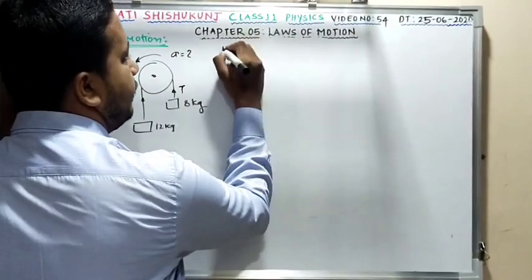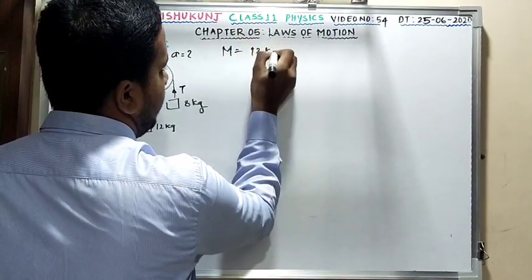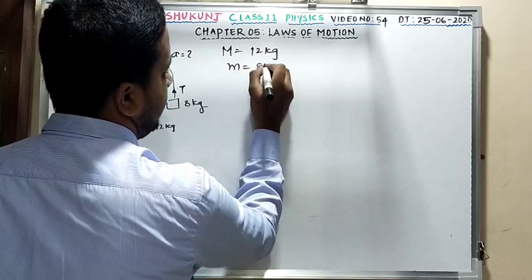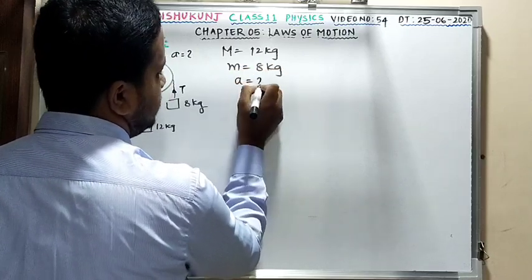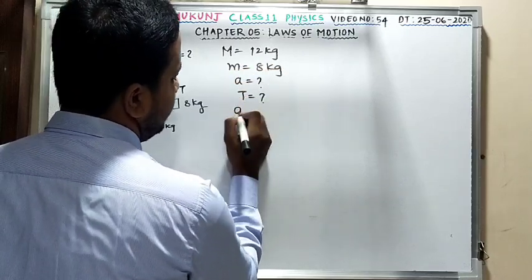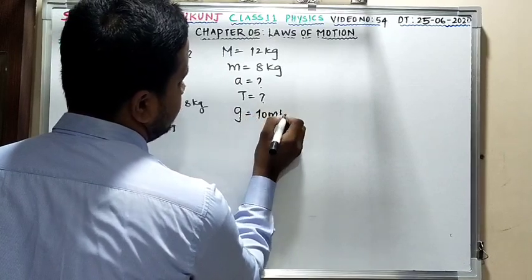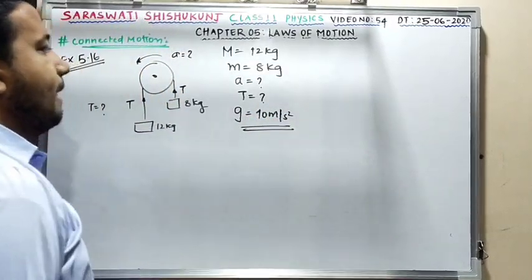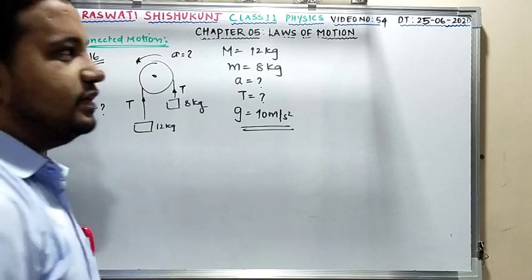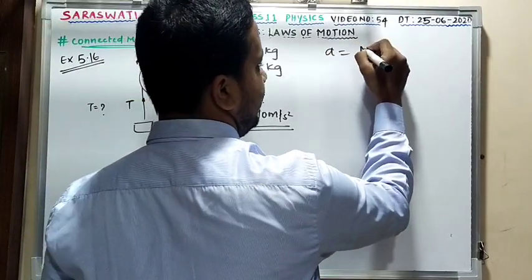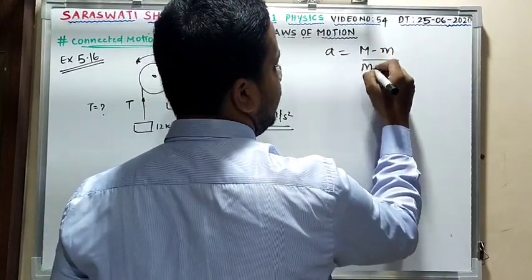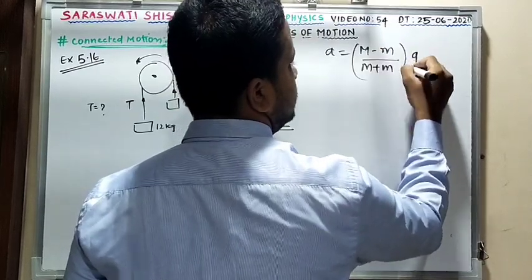Now we have capital M, that is 12 kg, and small m, that is 8 kg. We need to calculate A and T, and they have given g to be used as 10 meter per second square. Clear? I have already discussed the acceleration formula: A equals (capital M minus small m) divided by (capital M plus small m) into g.